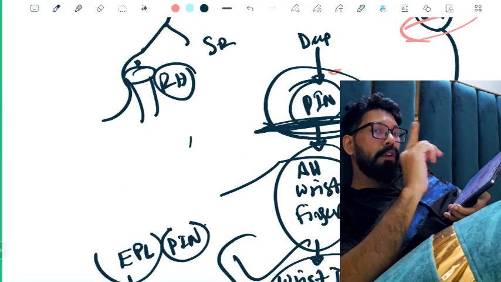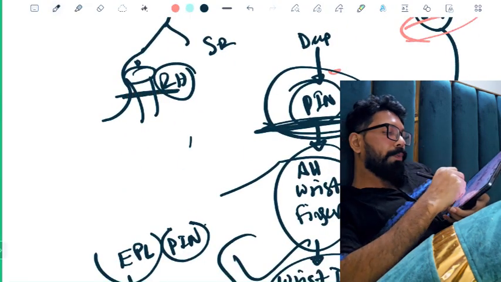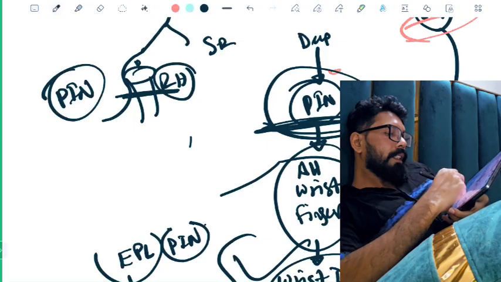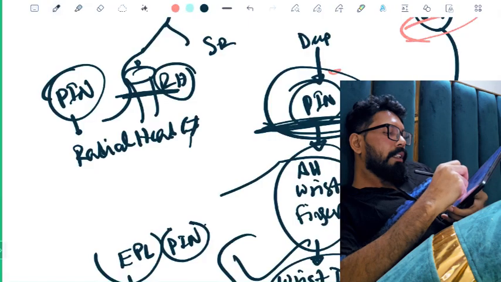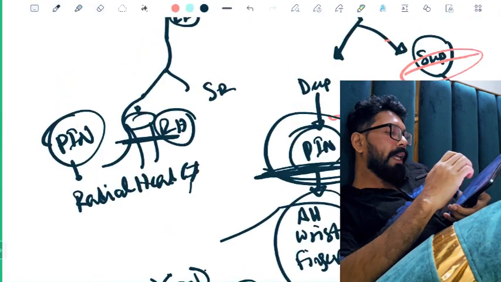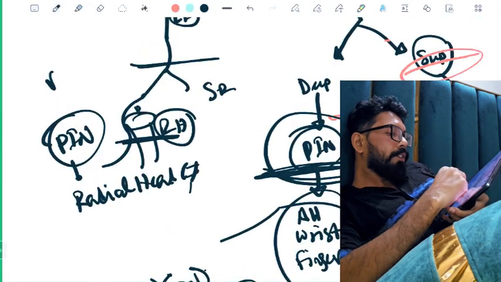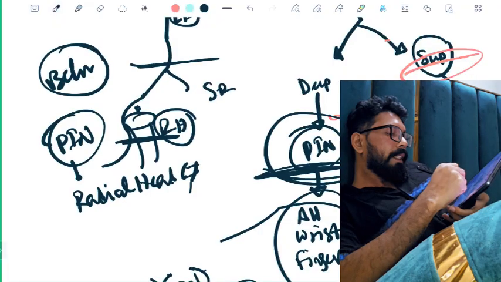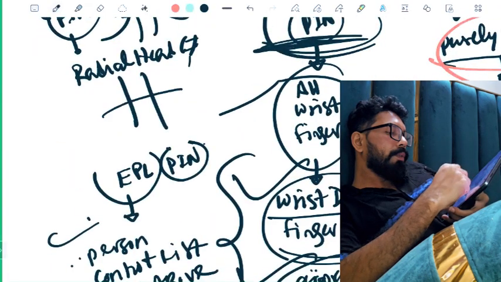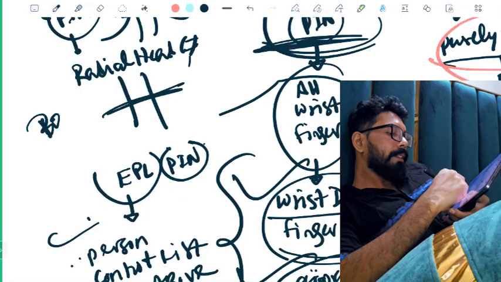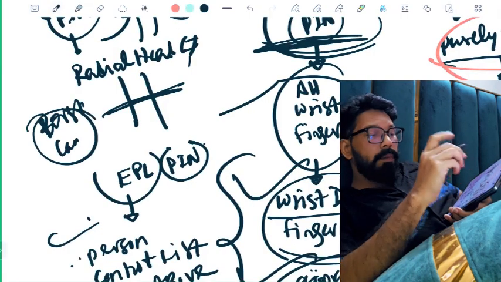Simple. So the most common cause of PIN injury is radial head fracture. So the injury must be below the elbow. Where is the injury? Of course, below the elbow at the radial head, or near the wrist can happen too, near the wrist at the radial side. Near the wrist can happen too, but below the elbow, that's the most important thing.